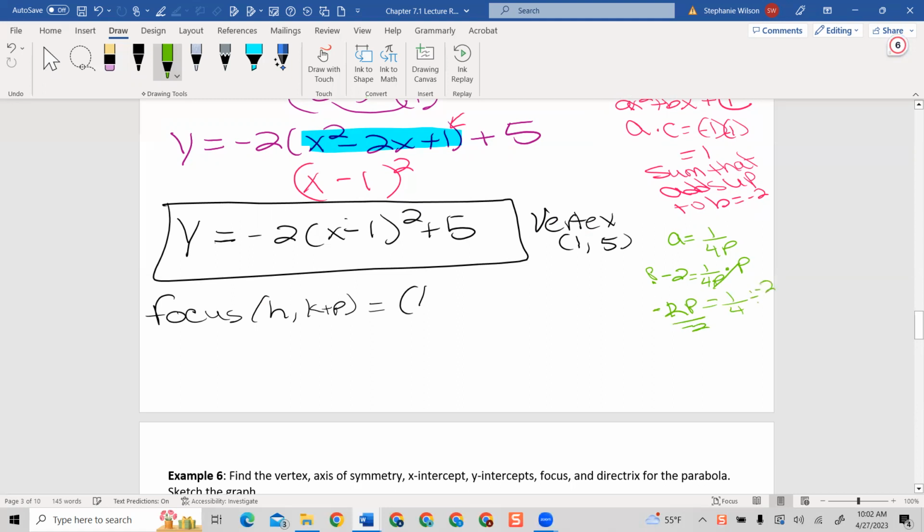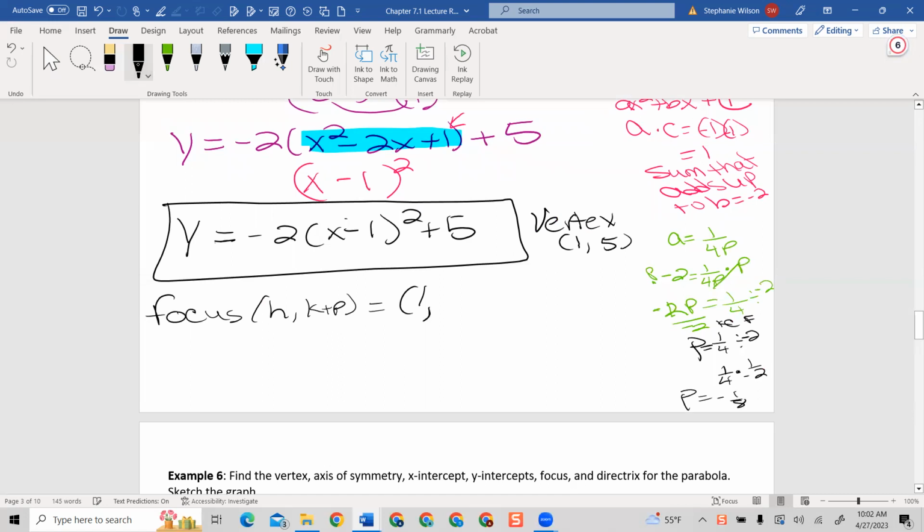I'm going to keep doing these extra steps; you don't have to. That gives me p is equal to 1/4 divided by -2. Let's do keep, change, flip: keep, change to the multiplication, flip. Oh, and don't forget your negative sign. So now p is equal to -1/8.